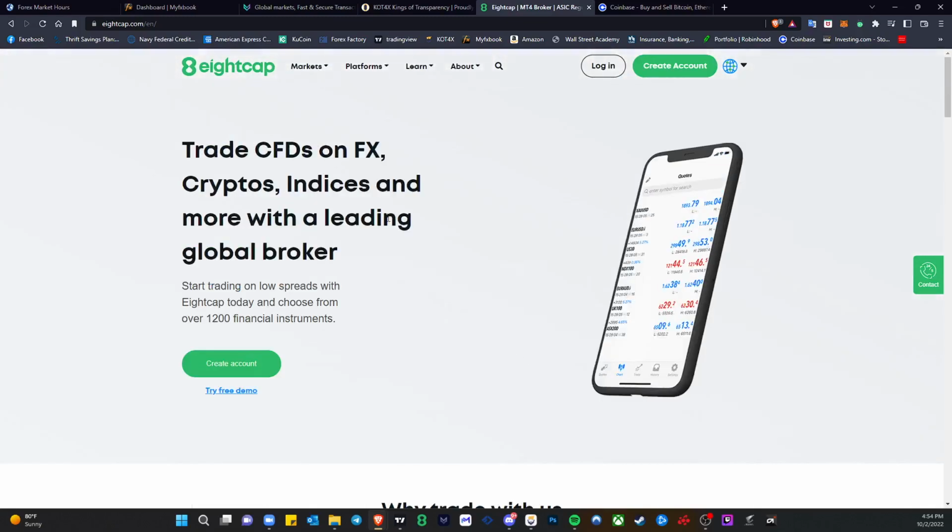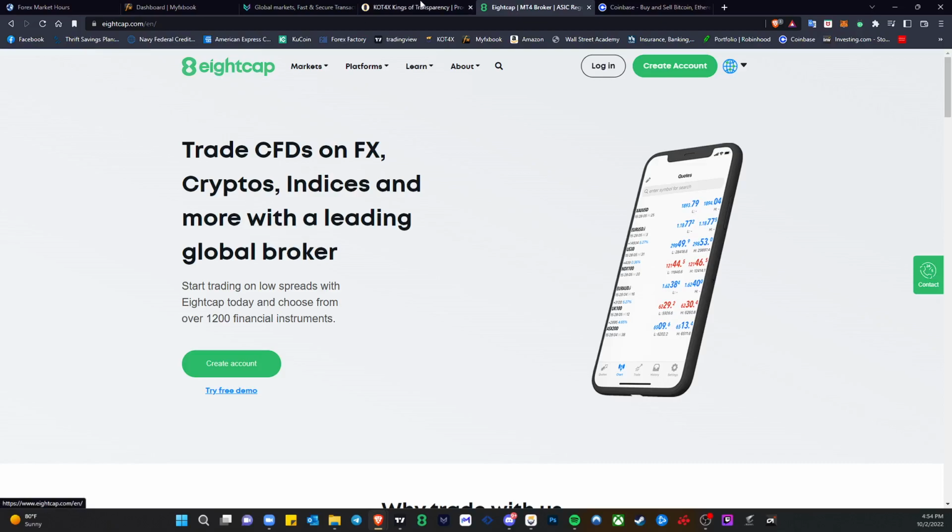But I will recommend, for me personally, 8cap seems like the best platform to use because the spread is on point. The spread is literally the best spread I've seen so far when it comes to trading. So this will be the number one broker I will suggest.